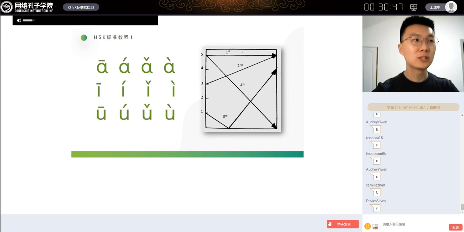Now I will use A as an example to show you how to read 4 tones. Please listen carefully. Ah, ah, ah. This one. Ah, ah.